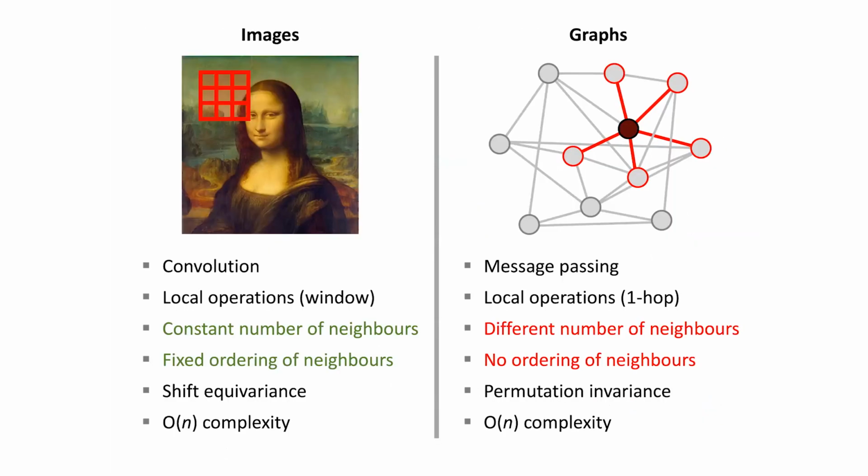To recap, if we compare images to graphs, in both cases we can do efficient local operations with linear complexity. The structure, though, is very different. In images, we have a fixed number of neighbors, fixed ordering. On graphs, the number of neighbors can be different, and we cannot order them canonically. So all our operations are forced to be locally permutation invariant.